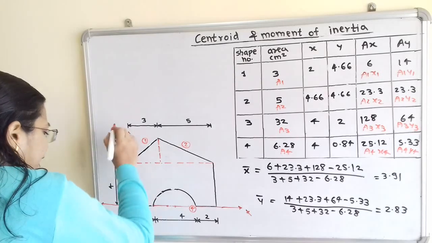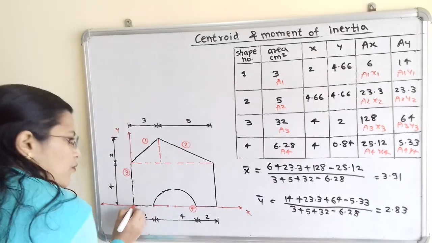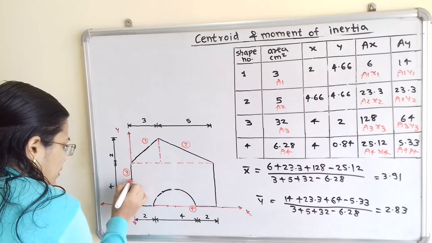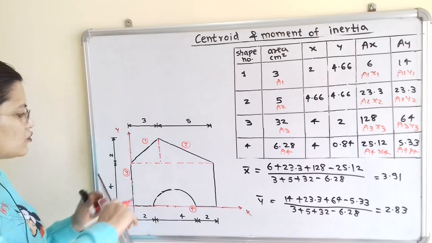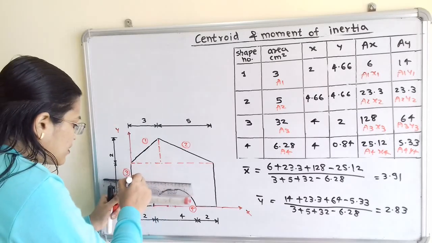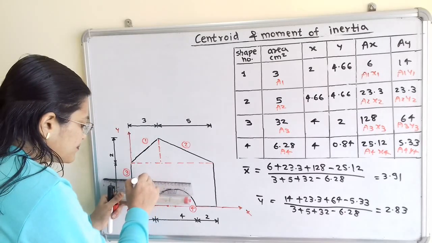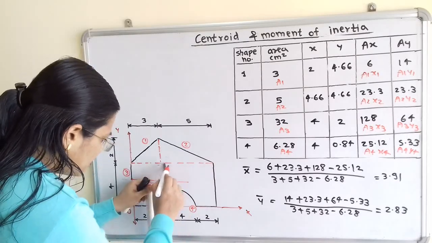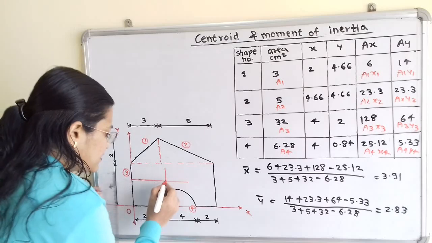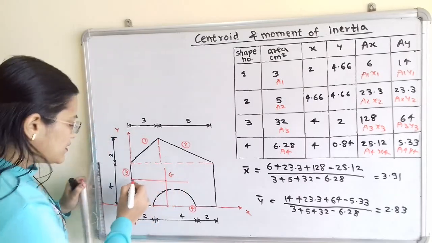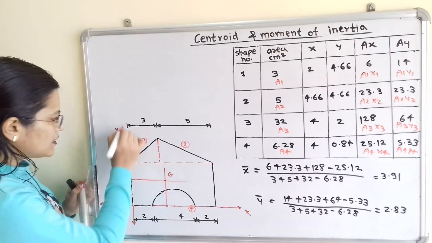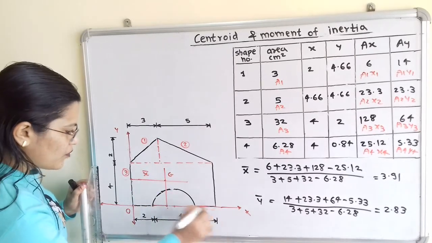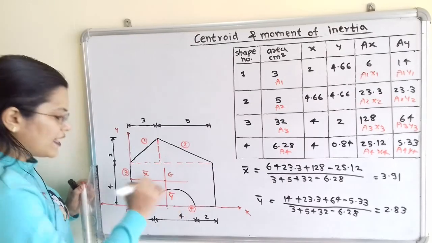So on y axis from this origin we have to plot the point 2.83. So we will plot here. Now from these 2 points we will draw construction line, and the point of intersection is known as centroid G. Now this horizontal distance from this y-axis is known as x bar, and the vertical distance from the x-axis is known as y bar.